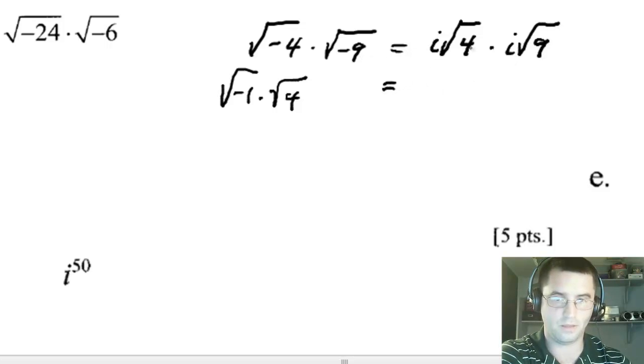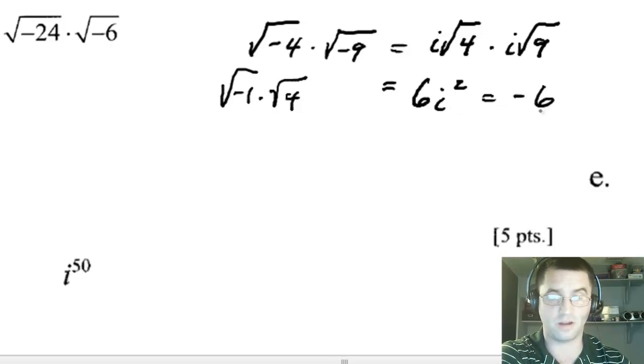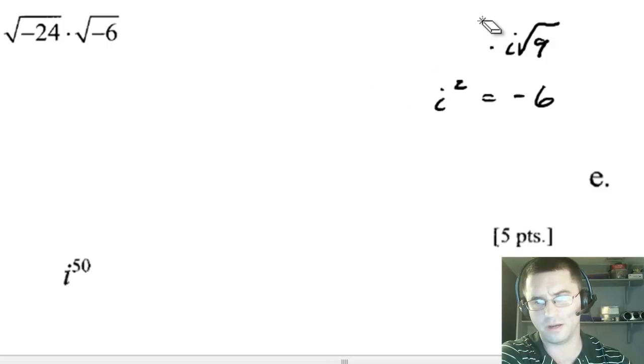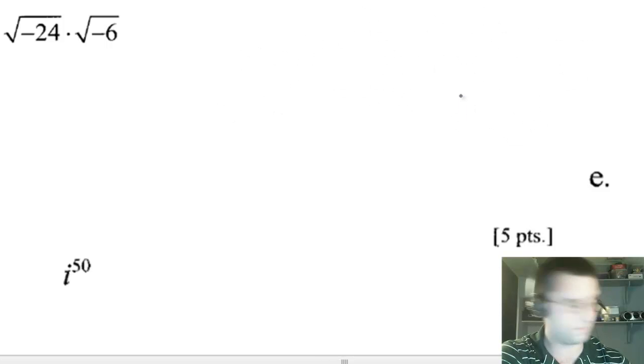Either by multiplying these together and getting 36 or doing them each individually, you'll get 6. But what will you have? 6i squared, and i squared is negative 1, so negative 6 is our answer. So it's not 6. You can't cancel the negatives. And that's the key here. You have to be careful in your treatment of negative radicands.